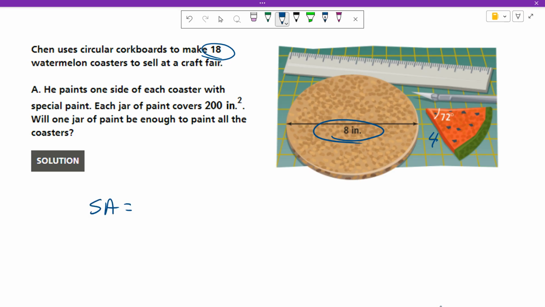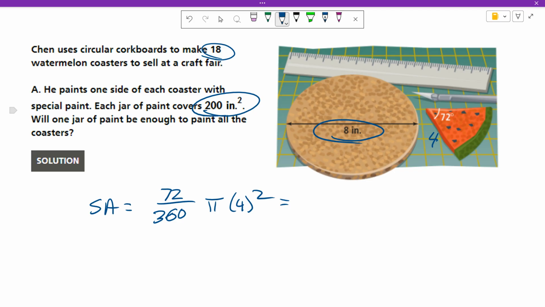Sector area is the angle 72 divided by 360 times pi r squared. Again, put pi in there because 200 has nothing to do with pi. So we need a decimal answer. Say 72 divided by 360 times pi times 4 squared. And what do we get?